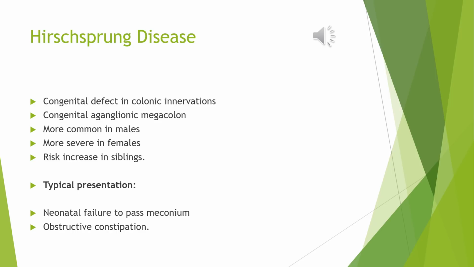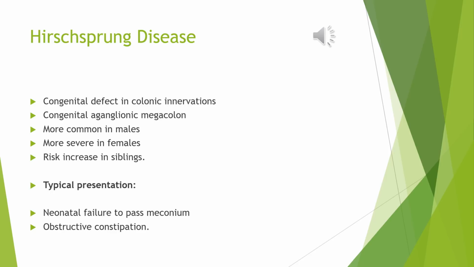Congenital because the disease presents after birth, and aganglionic because a typical feature of this disease is the absence of ganglion cells upon microscopic tissue examination, and megacolon due to the dilated colon proximal to the area of lost ganglion cells.